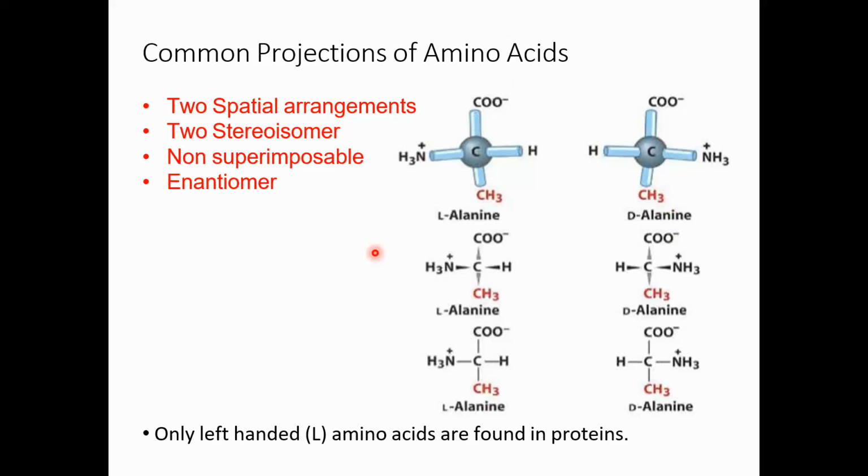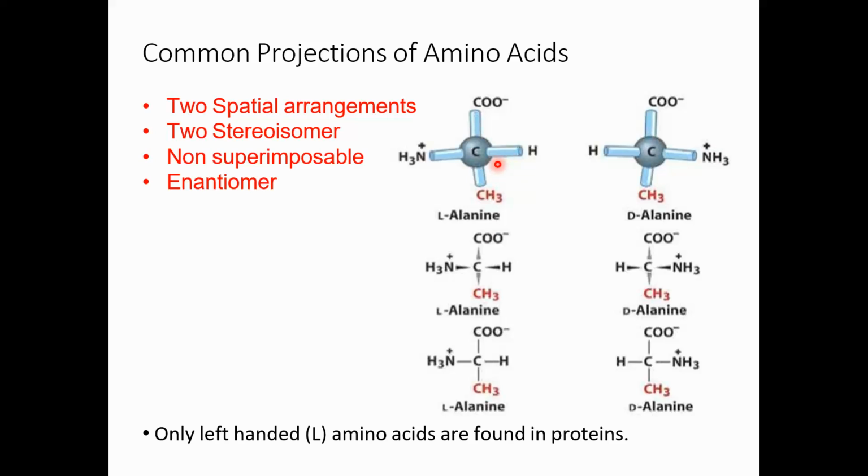We can see here an example of alanine. If this group is on the left side, we say it is L-alanine. But if the same group is present on the right side, it will be D-alanine.